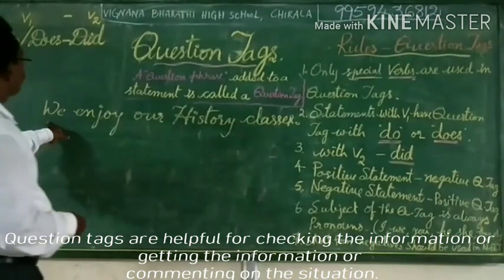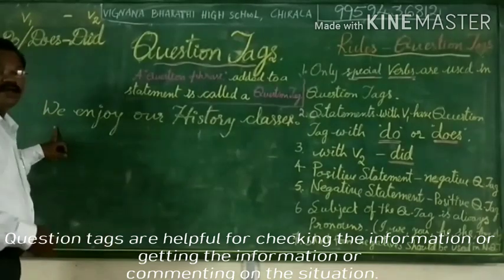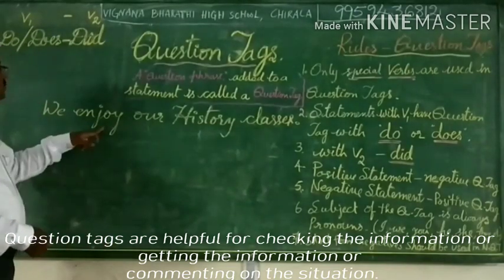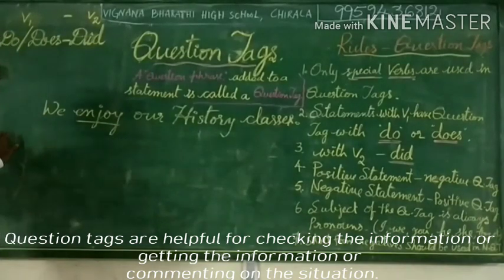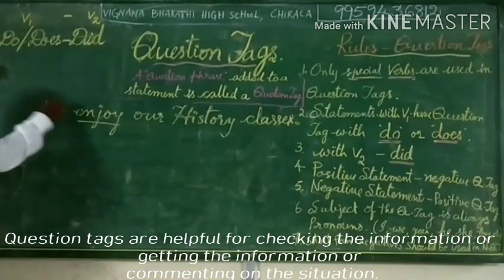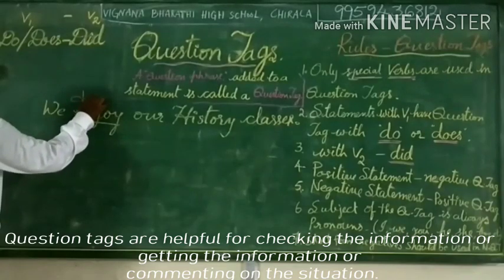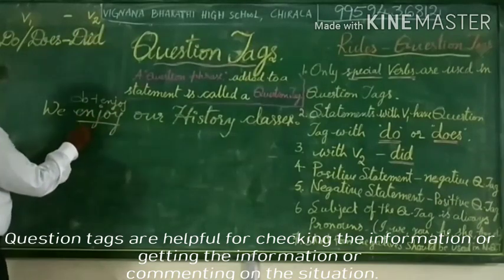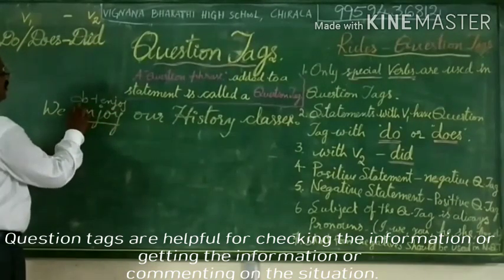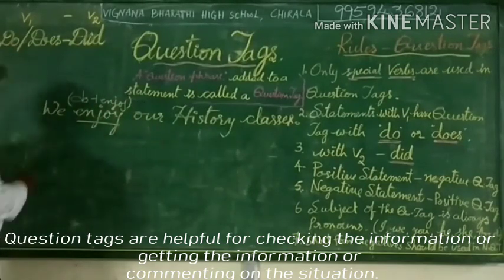This is a positive statement. We cannot find any negative sense in the statement. Enjoy is the verb in the sentence. So enjoy comes under do form. If we split this enjoy, it is do plus enjoy. So it comes under do form.